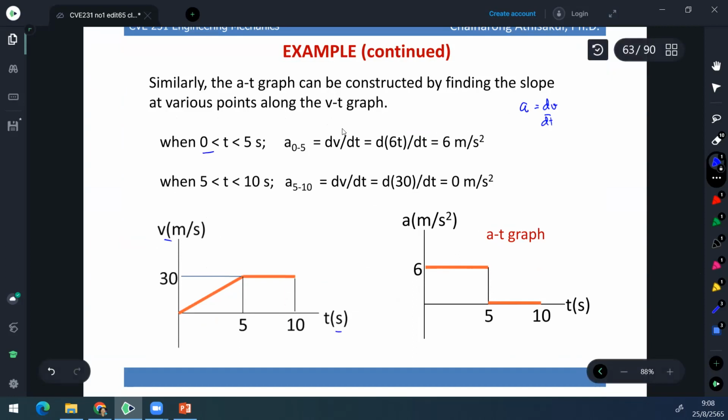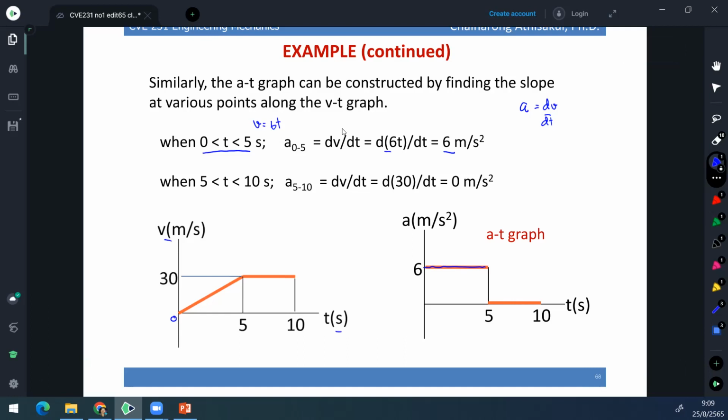For the first interval, time from 0 to 5, we have the velocity function equal to 6t, so a for this interval is constant, 6 meters per second squared. We can construct the acceleration like this: a constant acceleration in this interval.